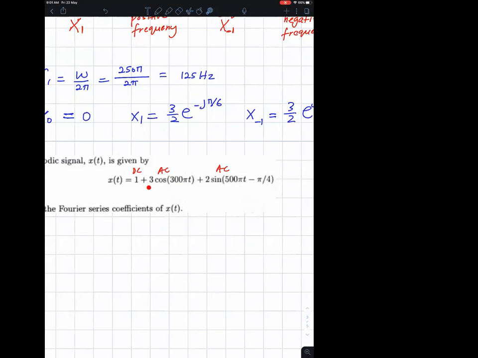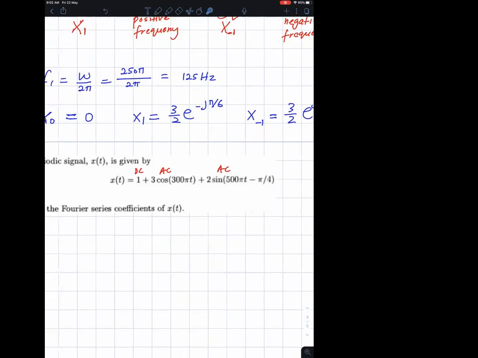This is an AC, amplitude 3, frequency 300 pi, but there's no phase shift. This one is also an AC, amplitude 2, frequency 500 pi. There's a frequency shift. Sorry, there's a phase shift.